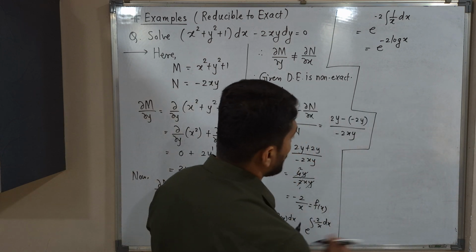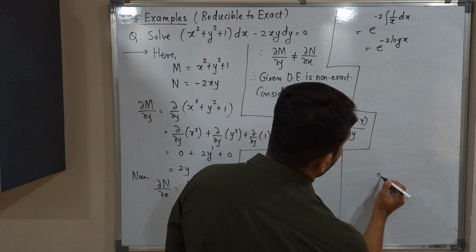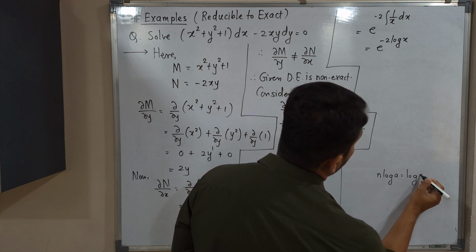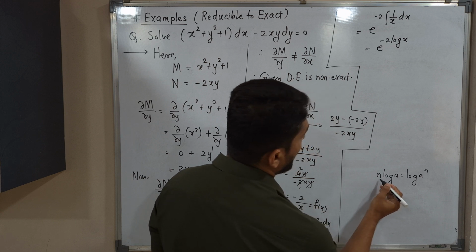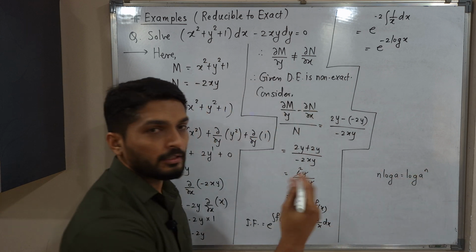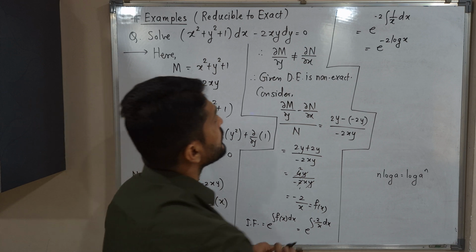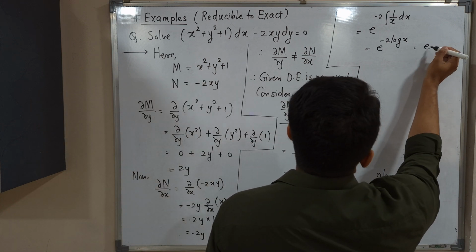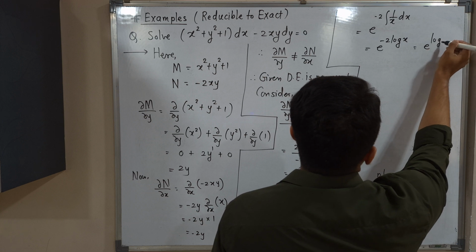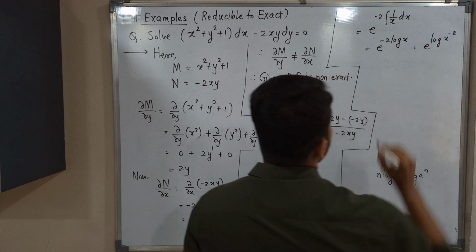So there is one property of log, n log a is log a raised to n. When you have any multiple of log, you can shift it as a power of a. Getting? So the same rule I can use here. So e raised to, minus 2 we can write as a power of x. So e raised to log x raised to minus 2.